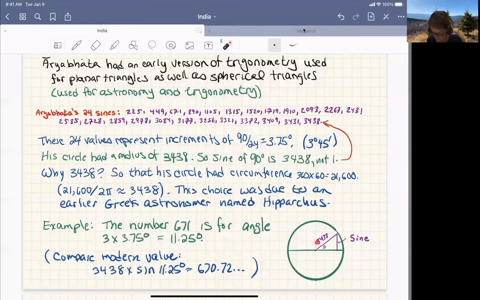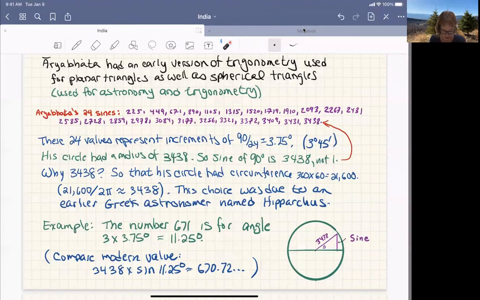So basically, if the angle is 90 degrees, the y value is the radius of the circle, which is 3438. So basically, these values here are, if the circle has this radius, then what's the corresponding y value?